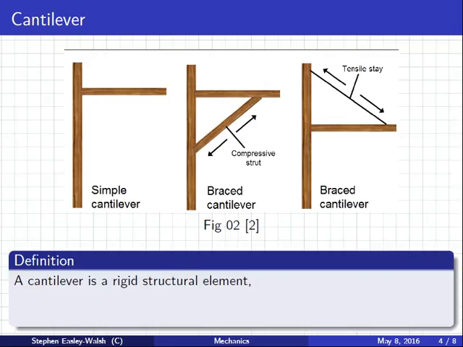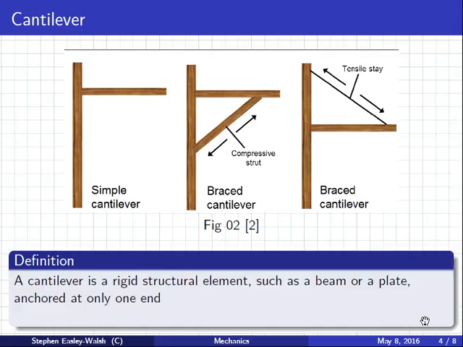So rigid means fixed, solid, hard, not fragile, not flexible, not easy to break, not elastic. So rigid, like this, solid. Such as a beam or a plate.